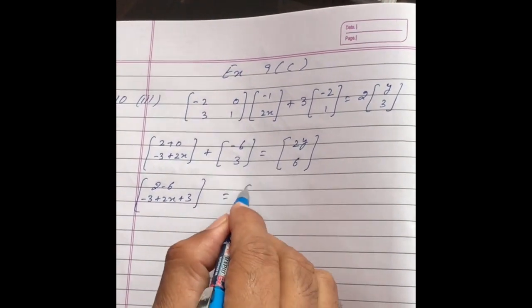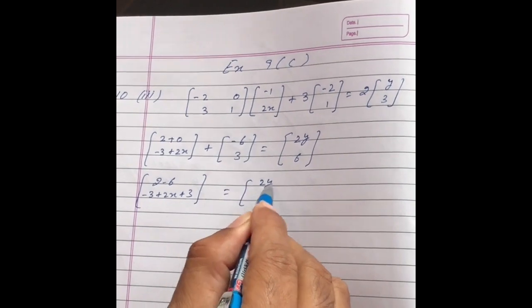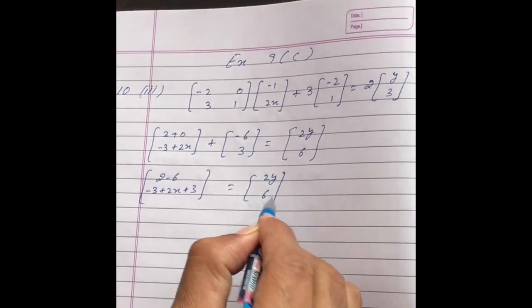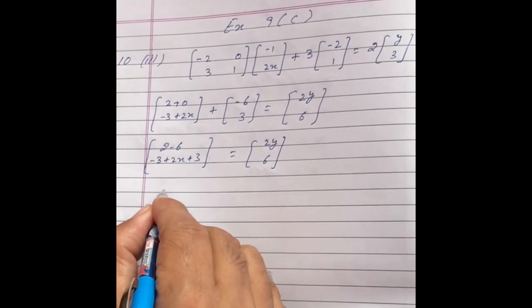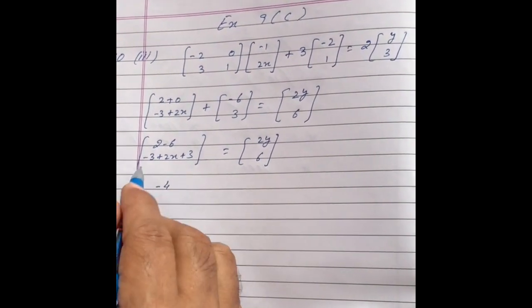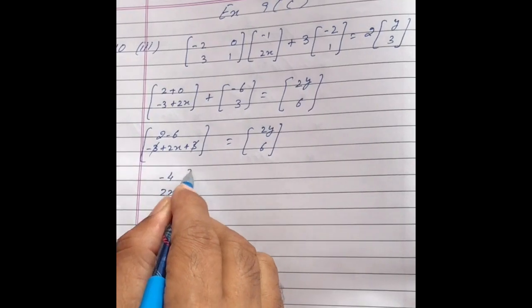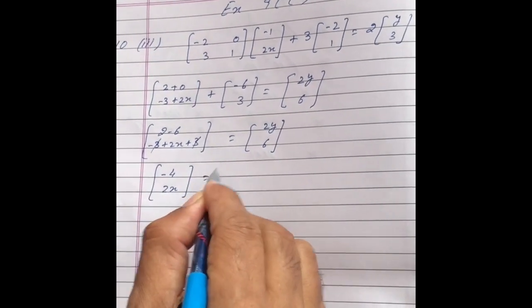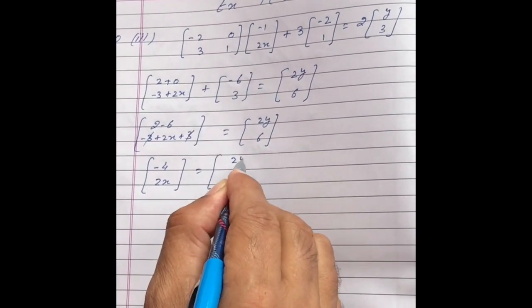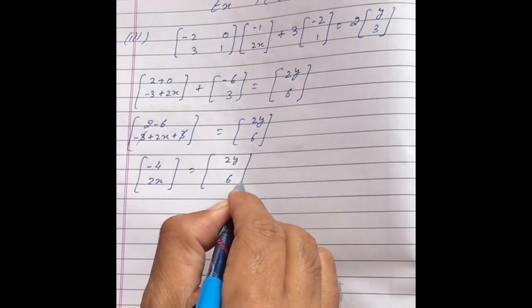is equal to 2y and 6, -4. This -3 plus 3 cancels, so 2x is equal to 2y, 6.